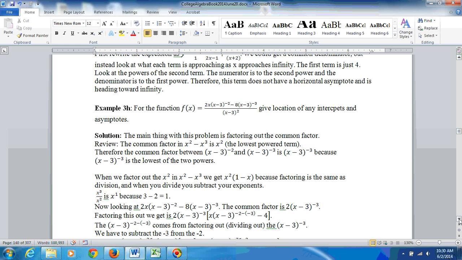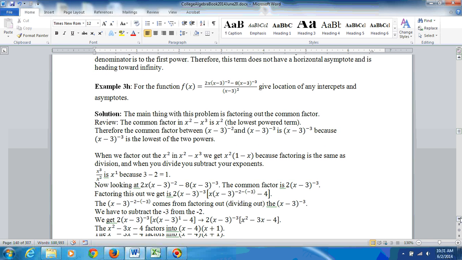In other words, see, this power right here of negative 3 is 1 lower than negative 2. So this x minus 3 here, when you factor out the x minus 3 to the negative third, is going to be to the first power, because what you factored out was 1 lower than this. Just like here, you factored out an x squared, it's 1 lower than the x cubed. That's why there's an x to the first right here.